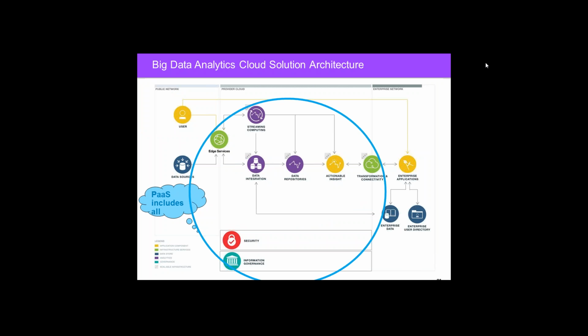So as an end user, you will have an account created with these PaaS providers, and you can pay for these services by the drink, and how you integrate with that, how you govern the data flow is made possible for you based upon the services that the PaaS provider provides.